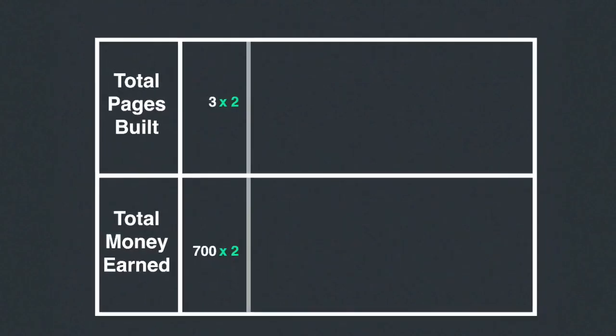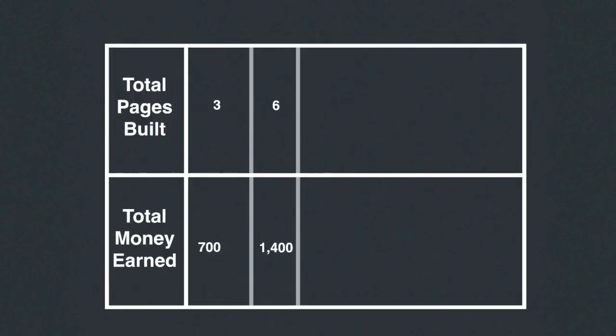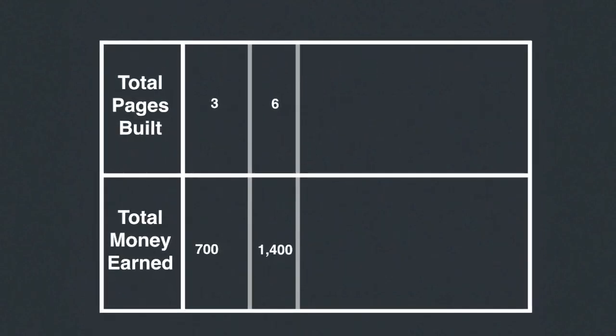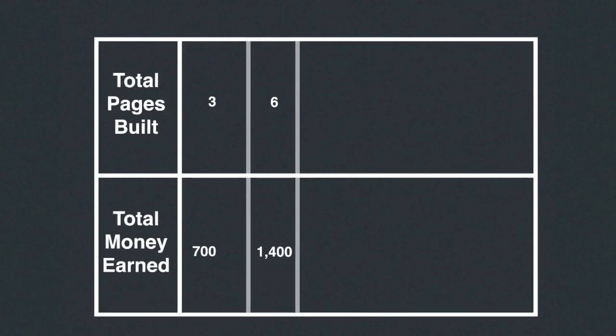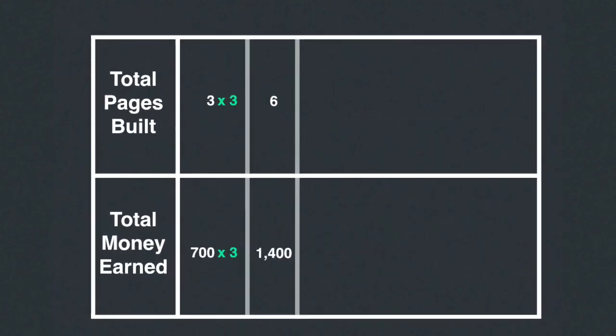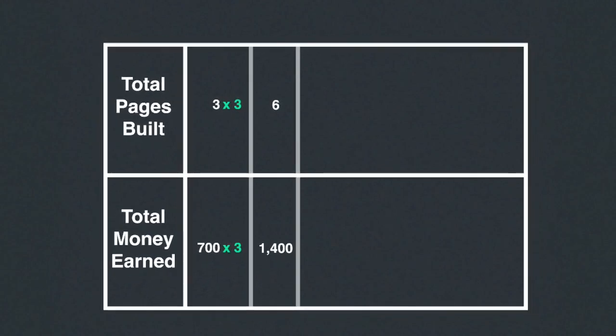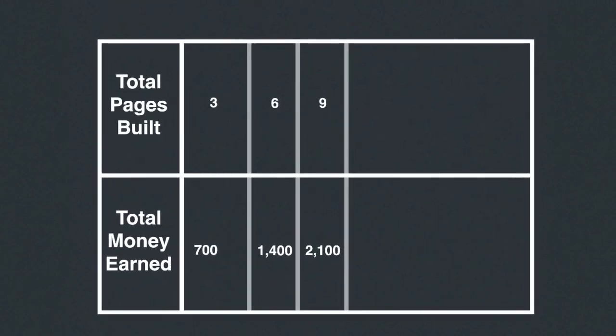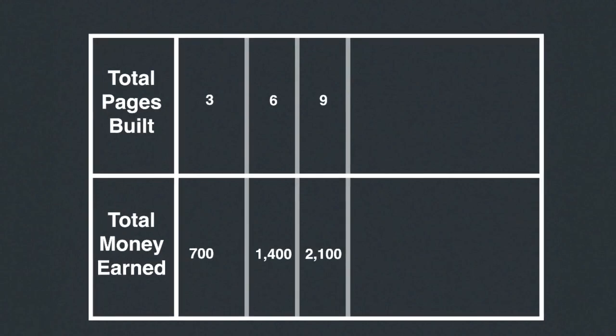But what if he did twice that much? What if he made 6 pages of web content? Well, that would double his amount of money, and so he would earn $1,400. But what if he did 3 times as much? Then he'd be making 9 pages, earning $2,100.